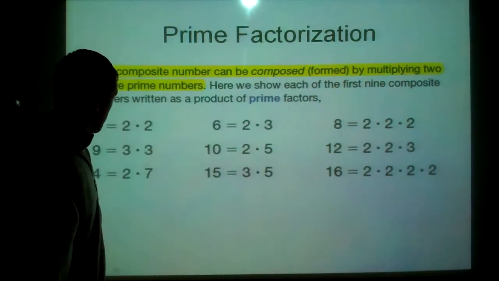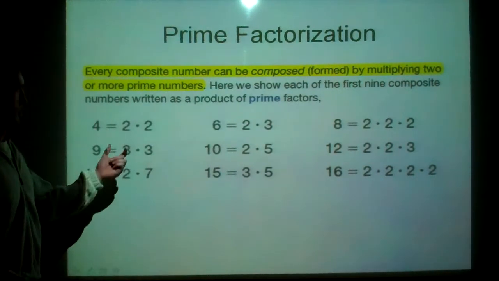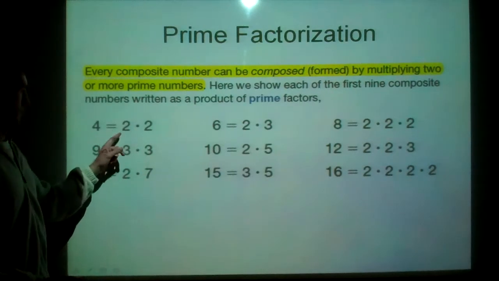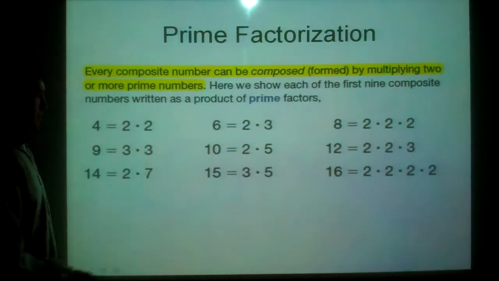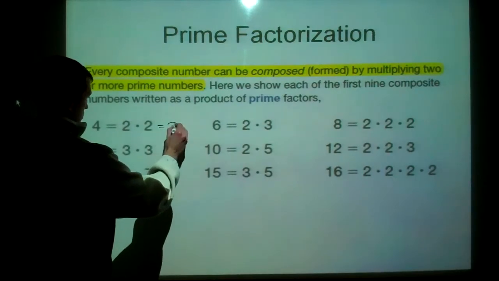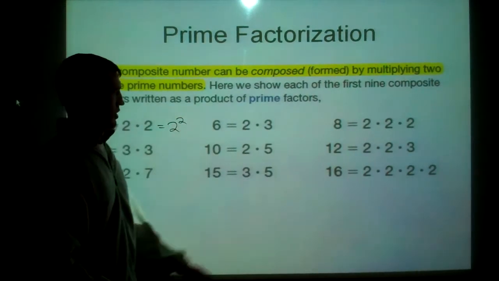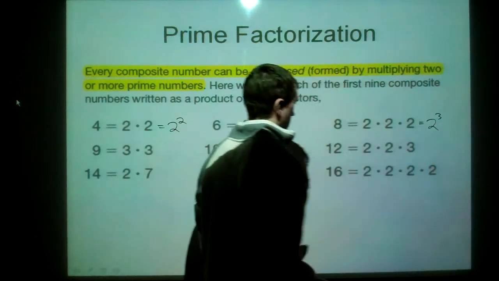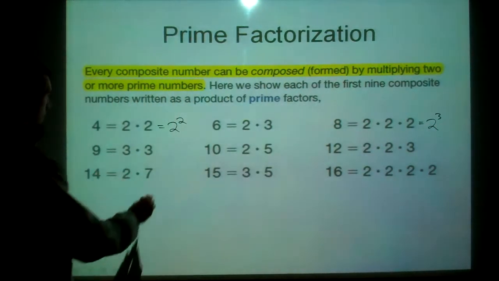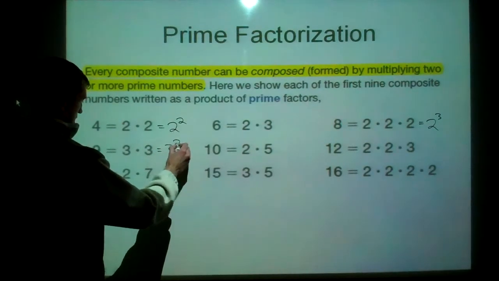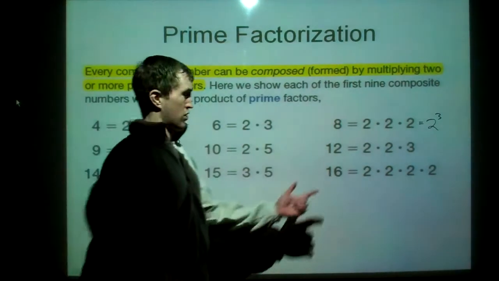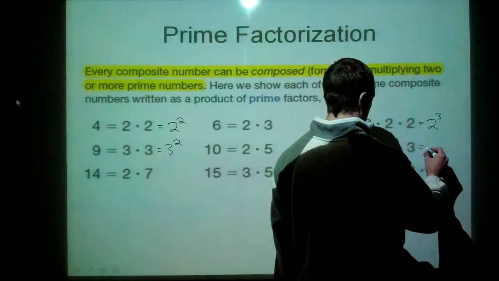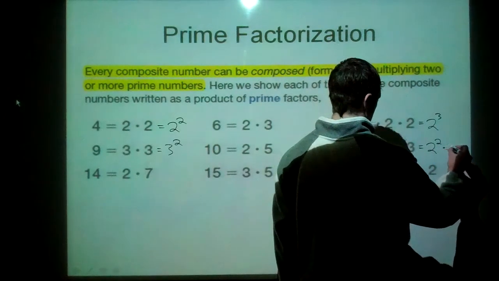One thing that I'm going to say is that usually when we write a prime factorization, we don't leave it in this form. We don't just say 2 times 2. We would say 2 to the second. Here for 8, we would say 2 to the third. And here would be 3 to the second for 9. If we look at 12, that's 2 to the second times 3.